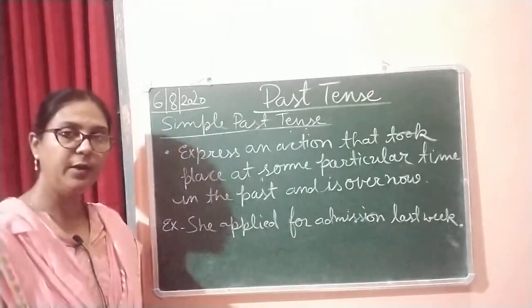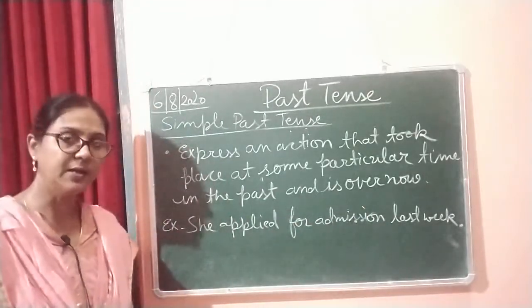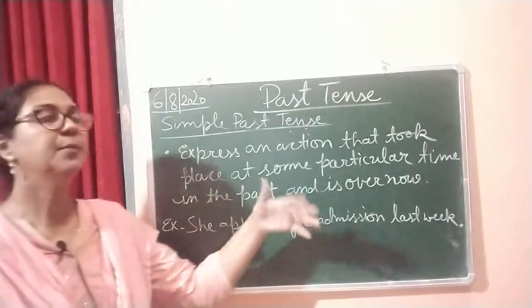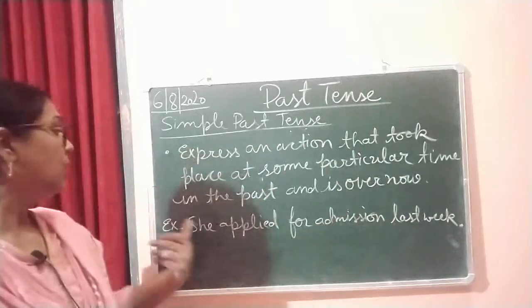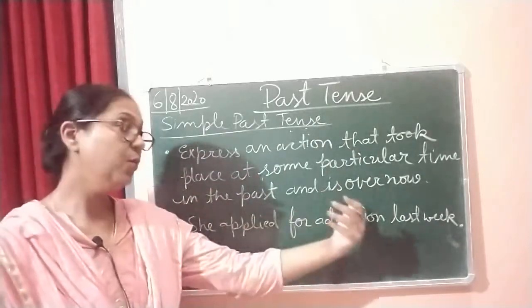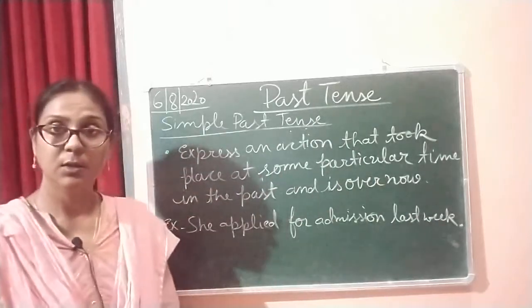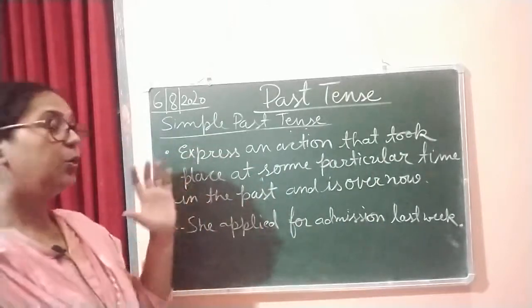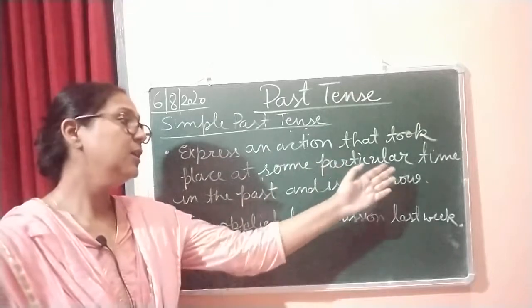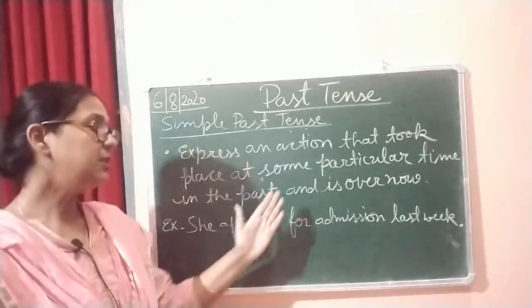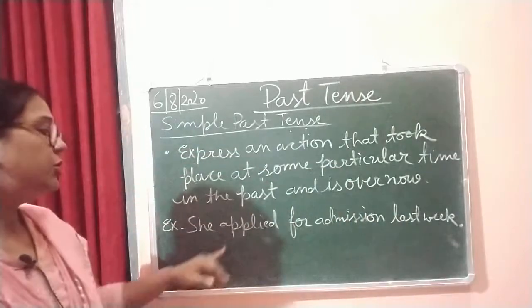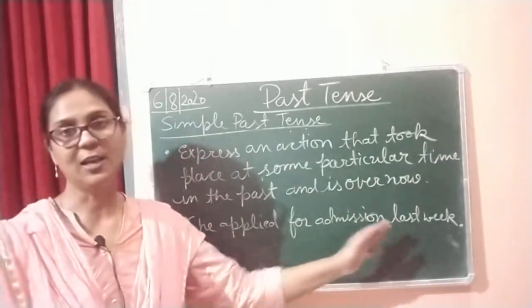Now we are moving to the fourth point of uses of past tense: express an action that took place at some particular time in the past and is over now. The work or action was started or took place at some particular time in the past and is over now. For example, she applied for admission last week.